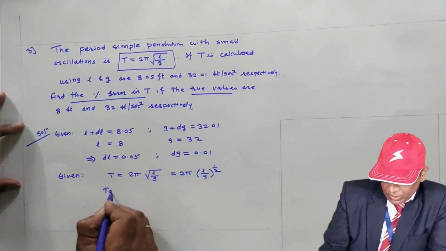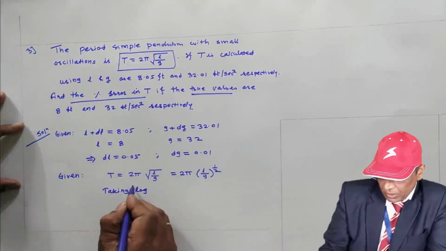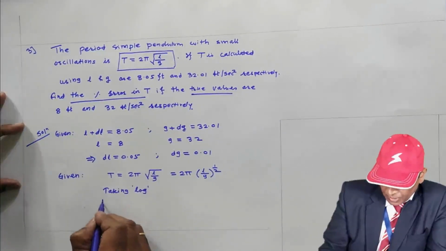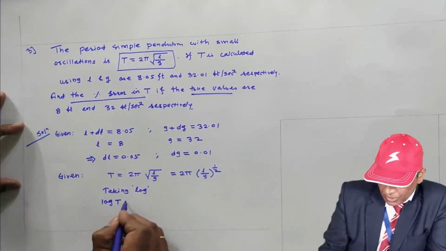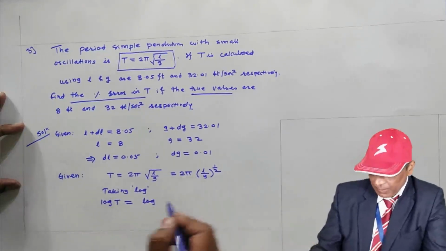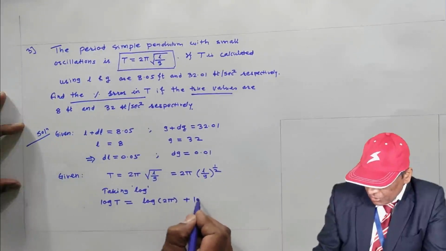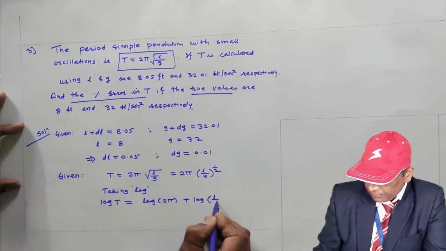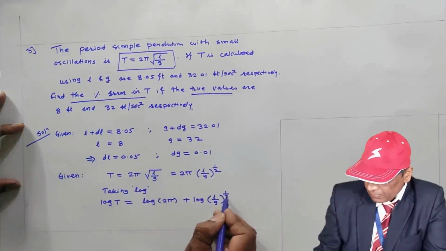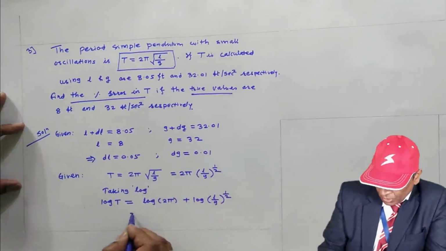Log of T is log of the right hand side. Log of A into B is log of A plus log of B, so directly writing log of the first element plus log of the second element.